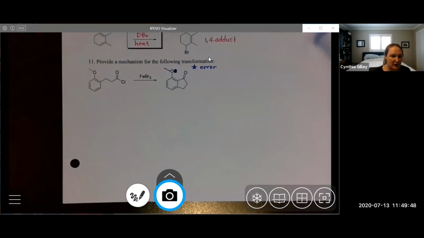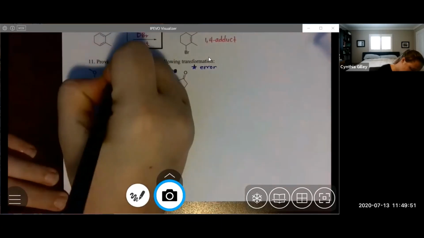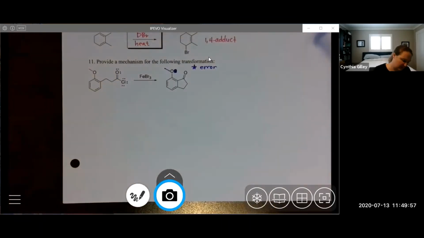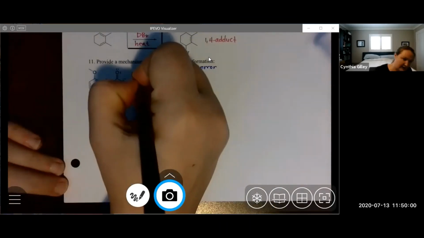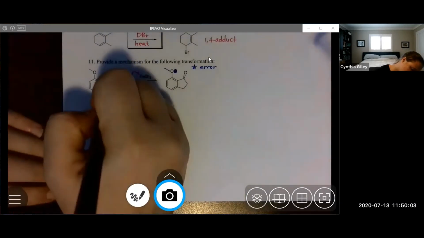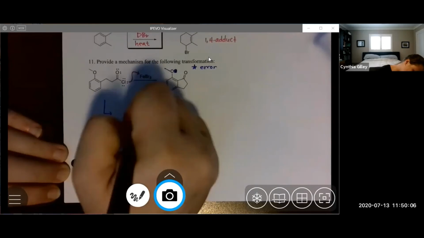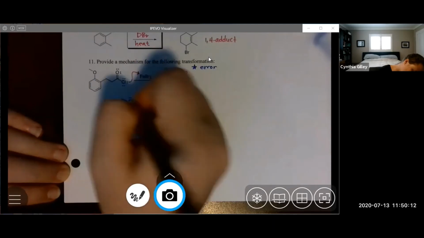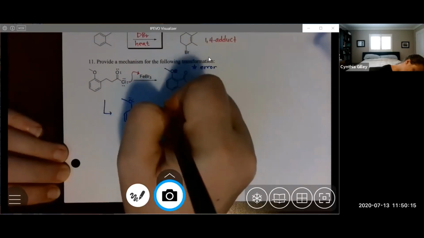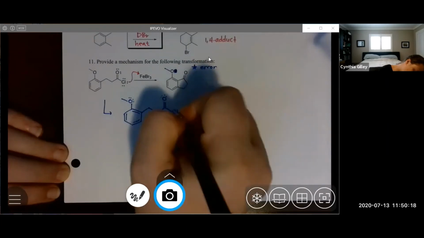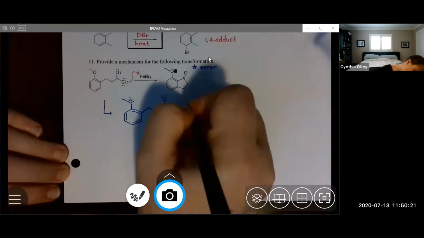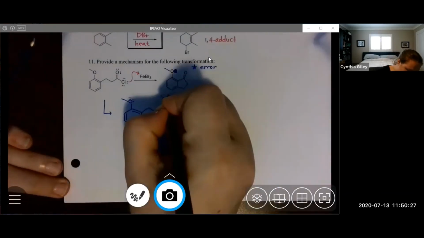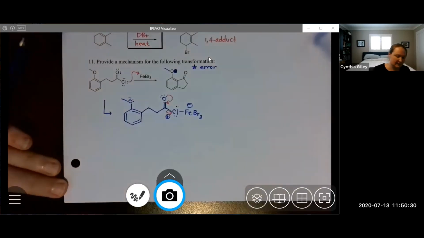Okay, so in terms of the Friedel-Crafts acylation mechanism, if you remember, we're going to form the Lewis acid-base complex. Now this is a very good leaving group, so we can go ahead and have it leave as loss of the leaving group.